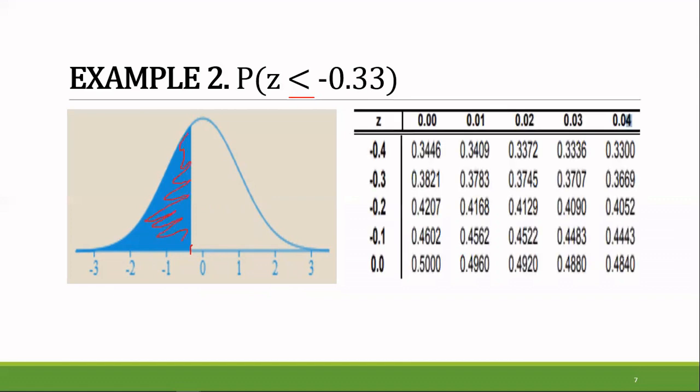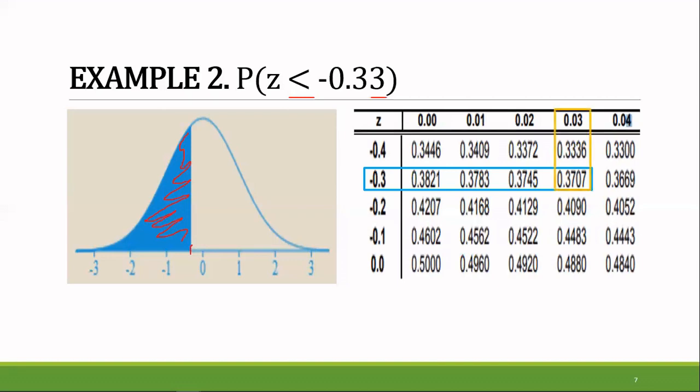So using the z table again, nabanggit ko na kanina no, na meron tayong positive and negative values ng z table. So our given z value is negative 0.33. So we're gonna look for negative 0.3 first. Ayan siya. And then we're looking for the hundredths place, which is equivalent to 0.03. Ito yan, no? Ayan.